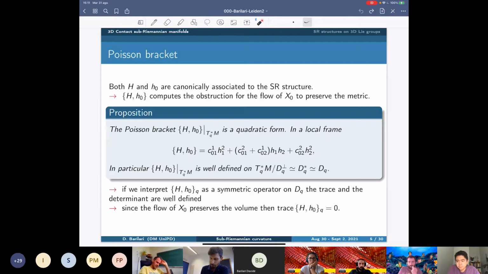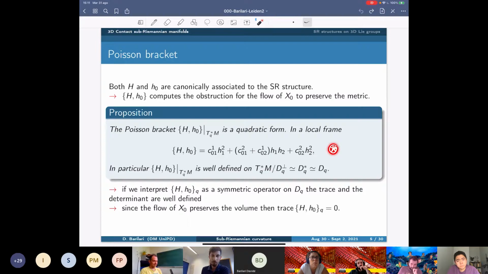This function, when you compute, so remember that this H is a kind of quadratic and this h0 is linear. So when you compute this Poisson bracket, you get back a quadratic form again, which can be expressed with these coefficients here. But this is well defined. And what you have on this side is just a way of computing the quantity. And indeed, as you can see here, there is no h0 in the right-hand side.